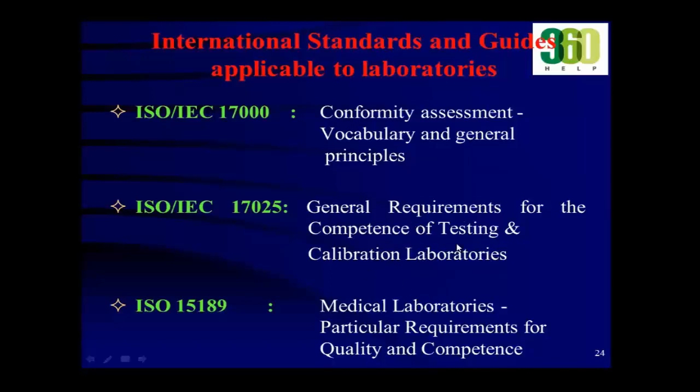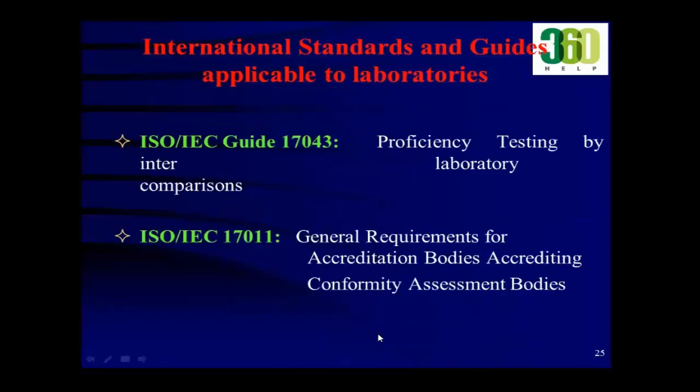In histopathology you are using multiple gadgets, such as centrifuges, staining machines and microscopes. All these machines have to be calibrated by laboratories which are in turn accredited to 17025. And 15189, of course, is for medical laboratories.